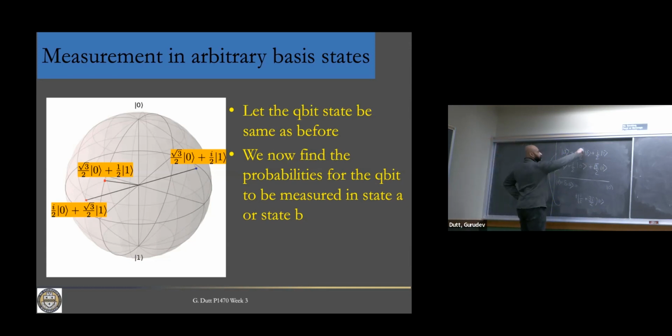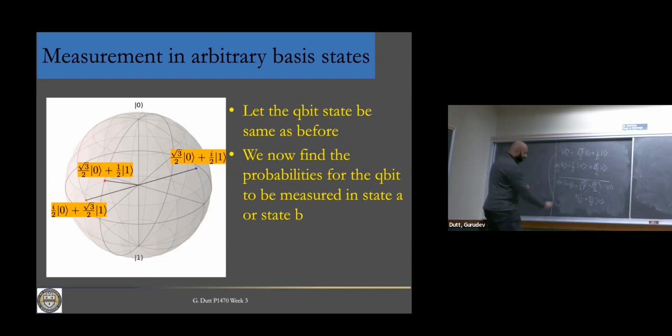Okay, this gives me root 3 over 2 from the first one. And the second one gives me minus root 3 over 2, because i times i is minus 1, right? And indeed, that eliminated my state 0. 0 is gone.